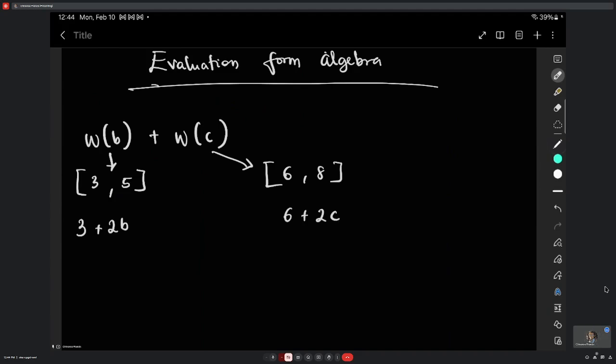So if we add these two polynomials in the coefficient form, this will give us 9 plus 2b plus 2c, which is a multilinear polynomial in how many variables? 2.